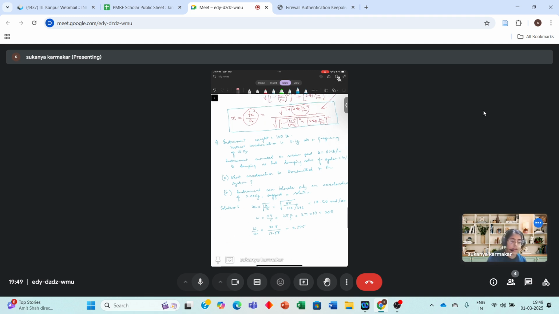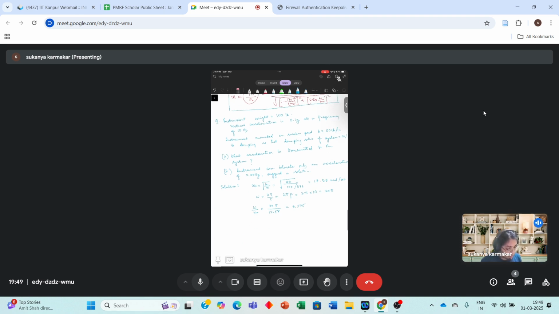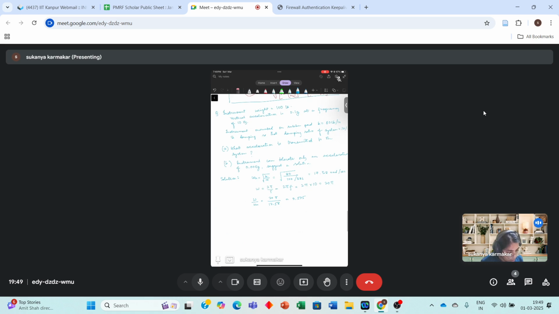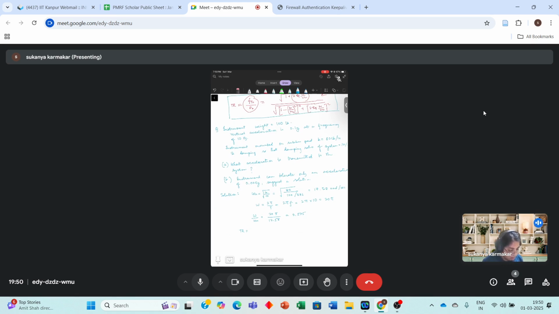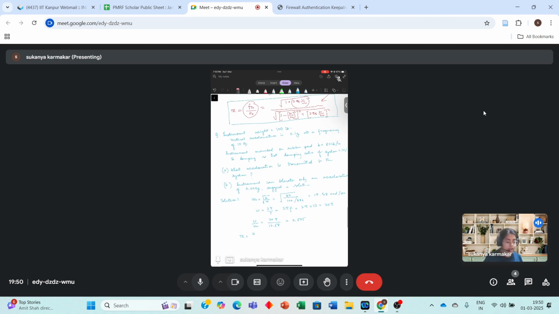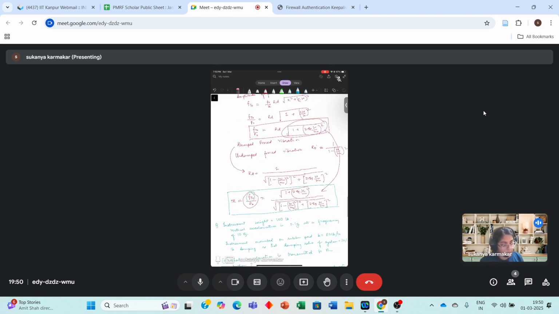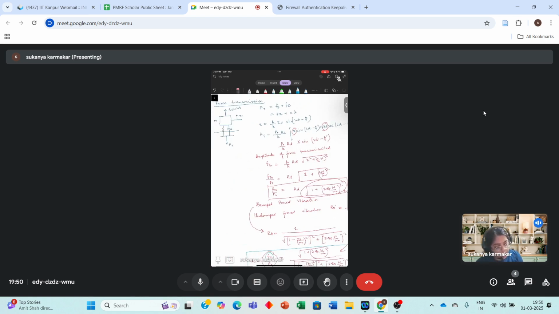Now, using this expression, why we are using the expression, I'll just derive. Using the same expression, you can calculate the transmissibility ratio. For force, the transmissibility is how much force is transmitted to that of the amplitude of the force that is being applied, p naught sine of omega t.